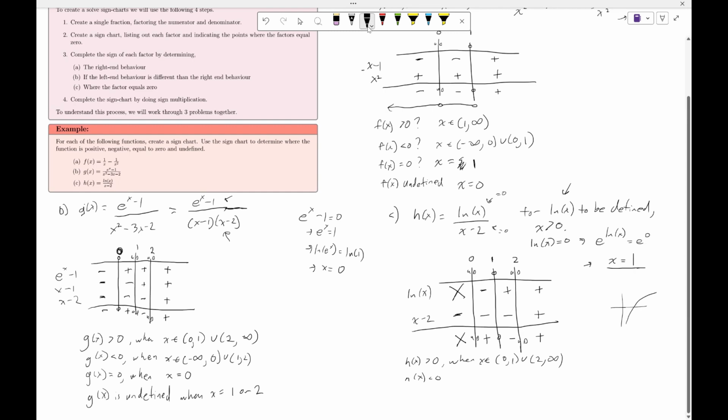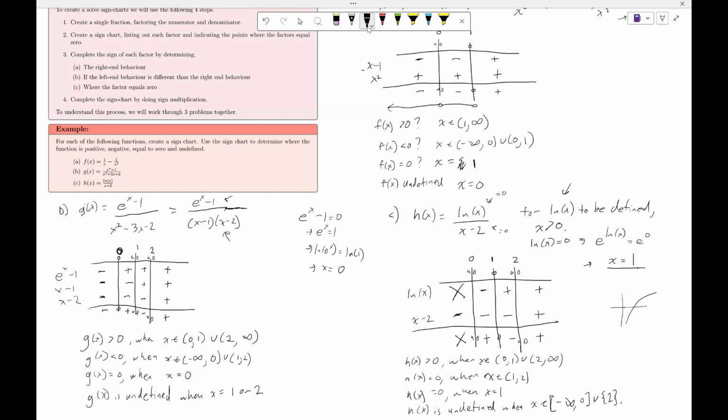H of x is less than 0 when x is in the interval 1 to 2, and h of x equals 0 when x equals 1, and h of x is undefined when x is in the interval minus infinity to 0, unioned with the set containing 2. And we have our sign charts.